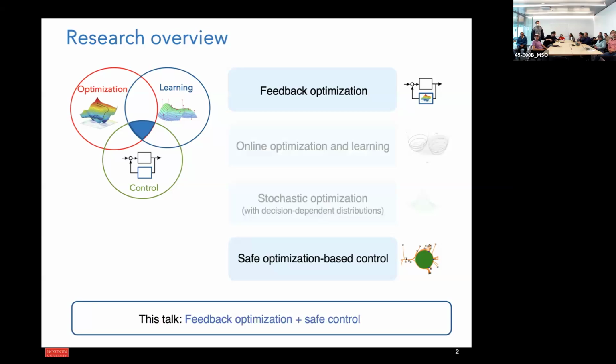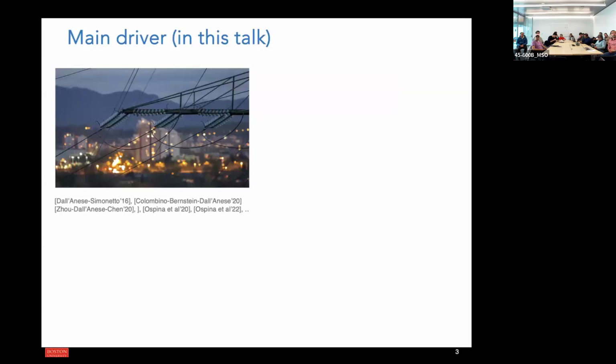Now, today I will focus primarily on 2 topics: feedback optimization, and in particular I will try to show how to merge feedback optimization with some elements and tools from safe control. The main application that I will cover in this talk is, of course, power systems.